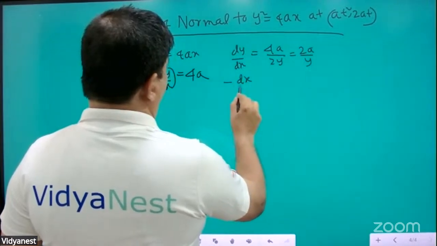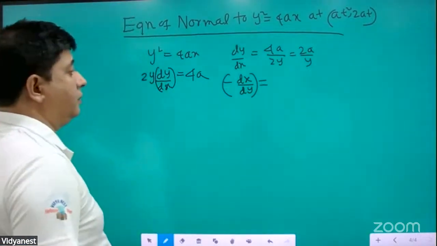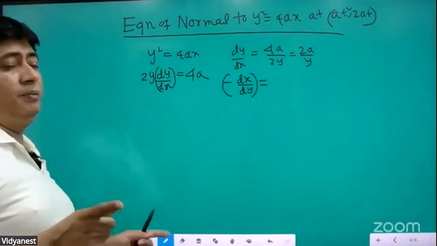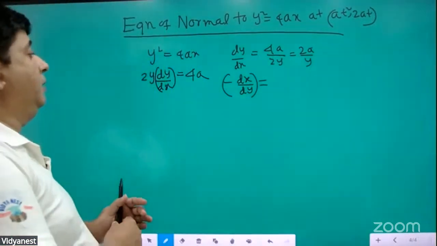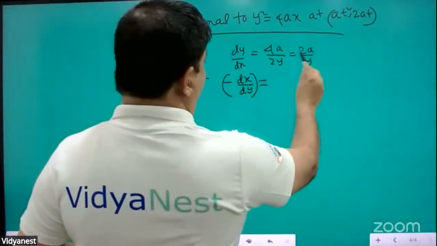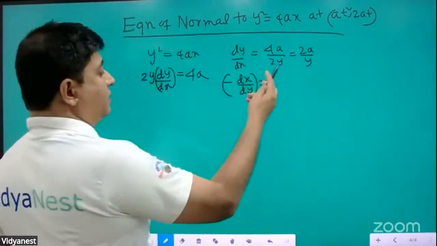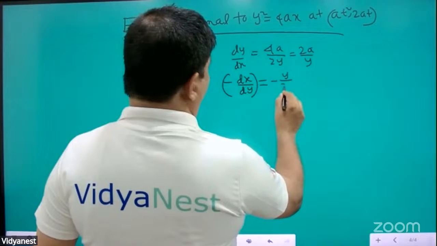So, minus dx/dy is what? Reverse it, because we know two lines will be perpendicular if m1 m2 is minus 1. So once you get this slope of the tangent, now the normal will be the reverse with a minus sign. So that will be minus y by 2a.